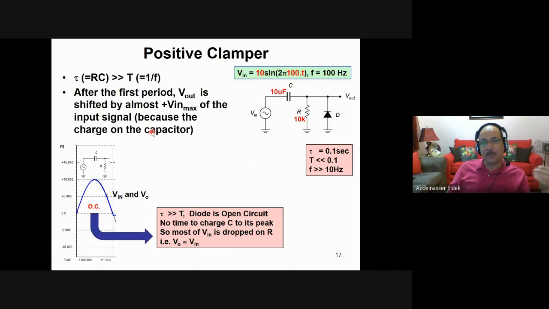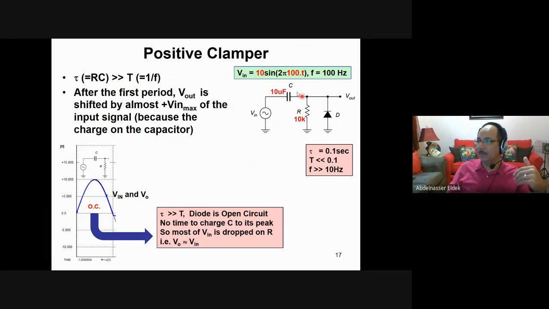First, a condition for the clamper to work is that the time constant, which is R times C, is much larger than the period of the signal, T, which is 1 over the frequency.